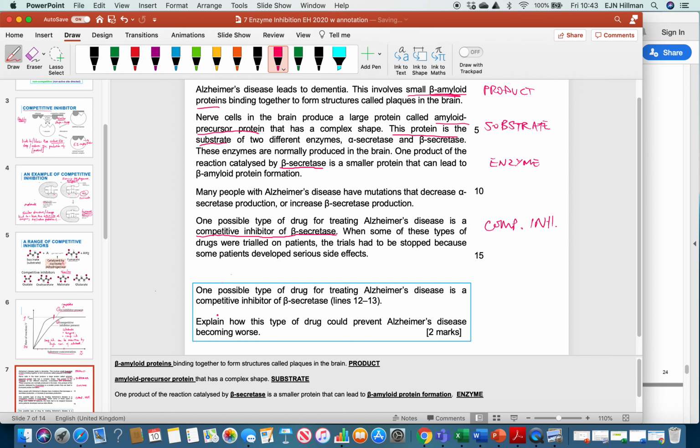In the question that followed, one possible type of drug for treating Alzheimer's disease is a competitive inhibitor of beta secretase. Explain how this type of drug could prevent Alzheimer's disease becoming worse.